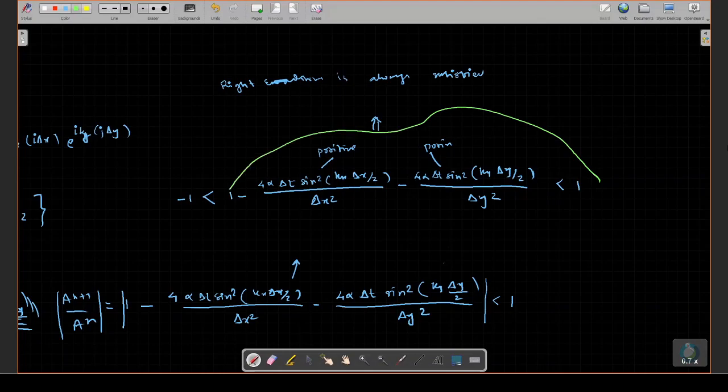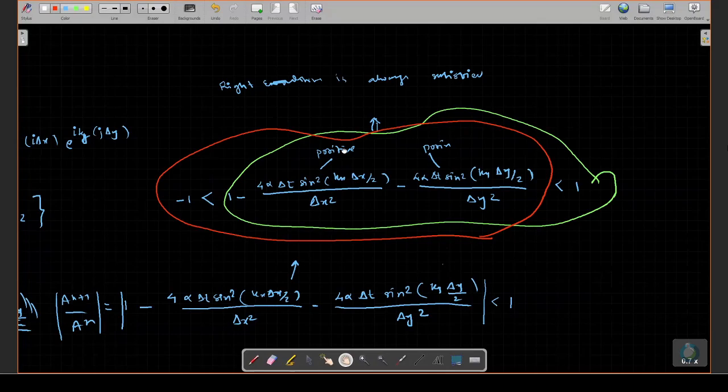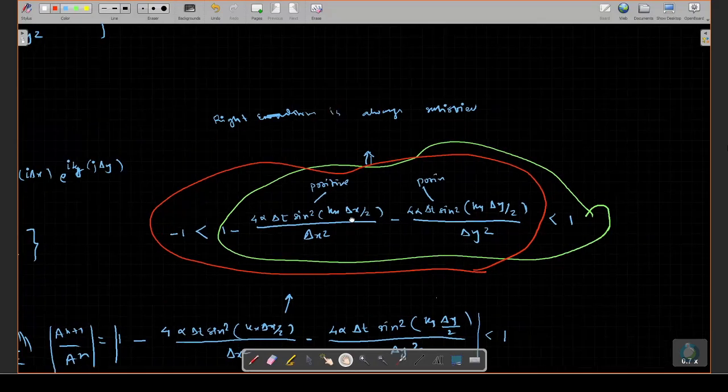What is not satisfied, just by visualization, is this one. So we have to see this condition in order to get some limit. So we'll go for this one.